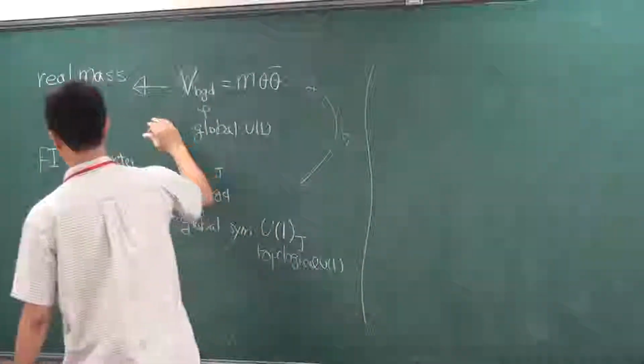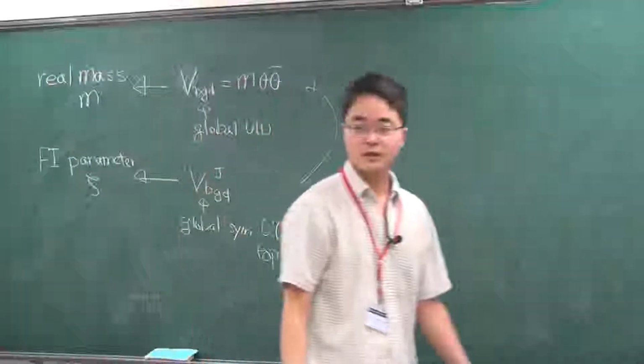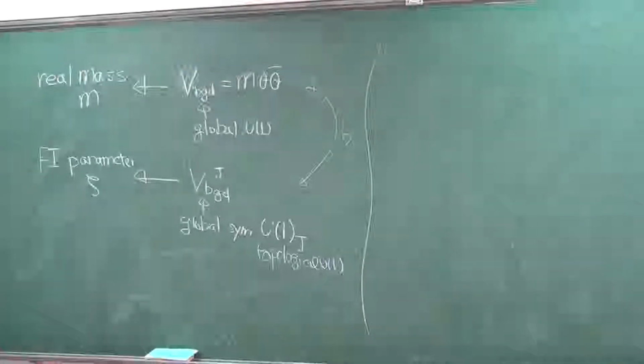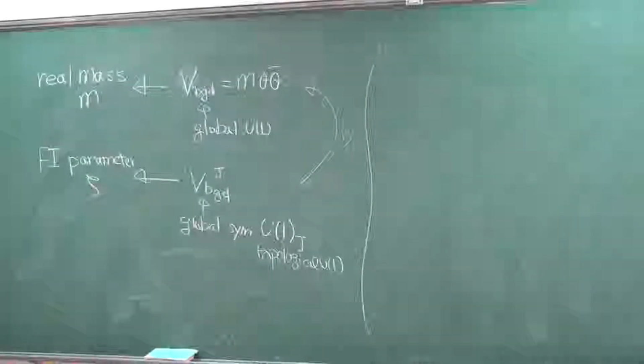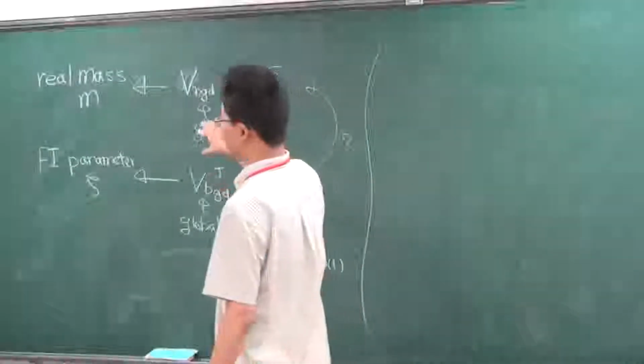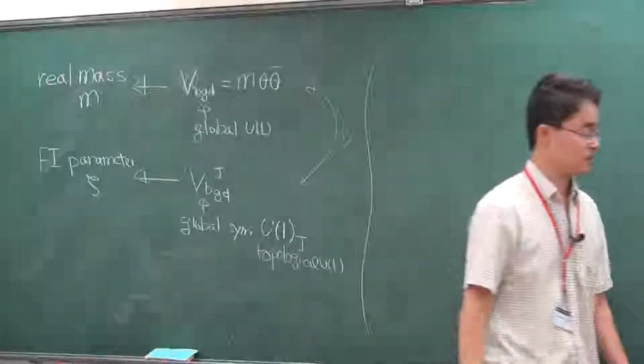In order to see the structure more clearly, let's discuss the vacuum moduli space, for 3D N=2 theories. The non-trivial thing about supersymmetric theories is that there is a non-trivial moduli space of vacua, some space with a dimension. It's continuous, and if you turn off the real mass, everything is holomorphic.